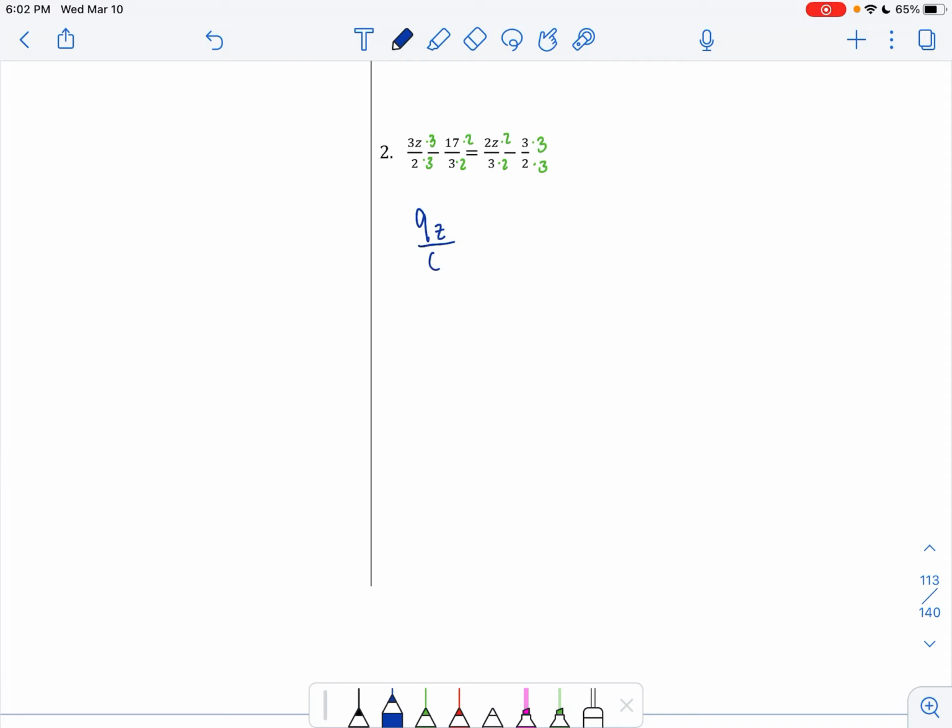I'm going to get 9z over 6 minus 17 times 2 is 34 over 6 equals 4z over 6 minus 9 over 6. Now when I multiply everything by 6 on both sides, all the denominators cancel out, and I'm left with 9z minus 34 is equal to 4z minus 9.